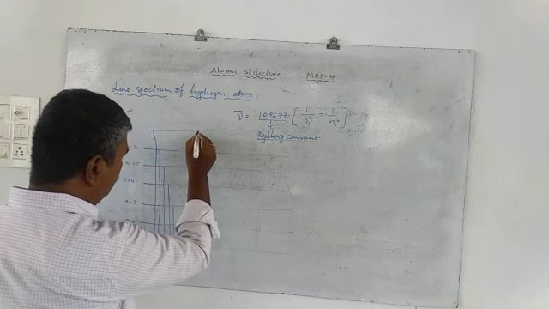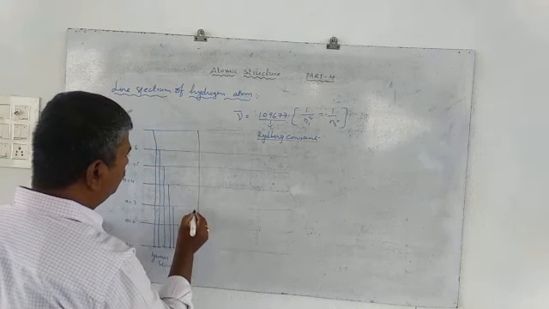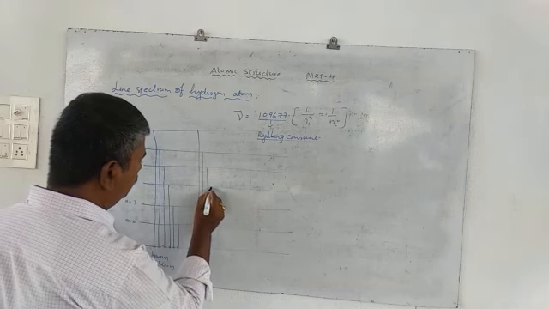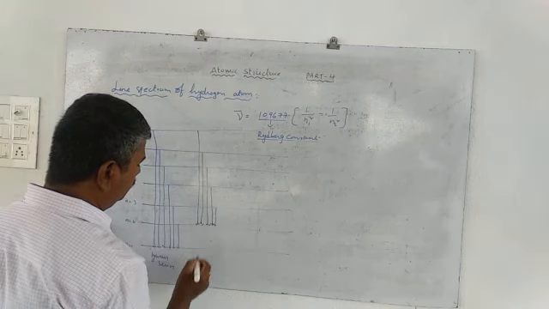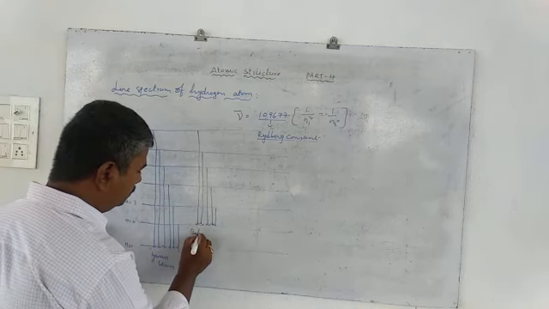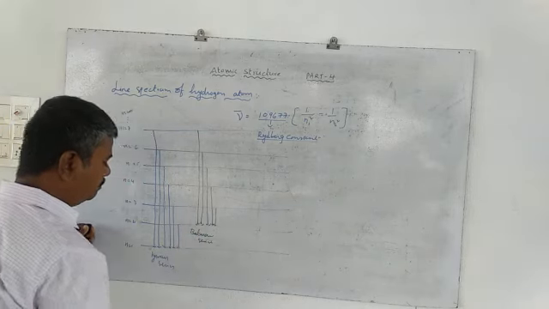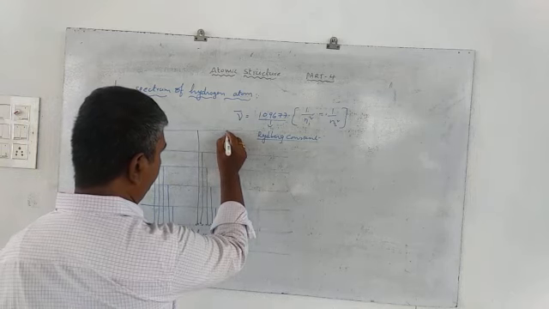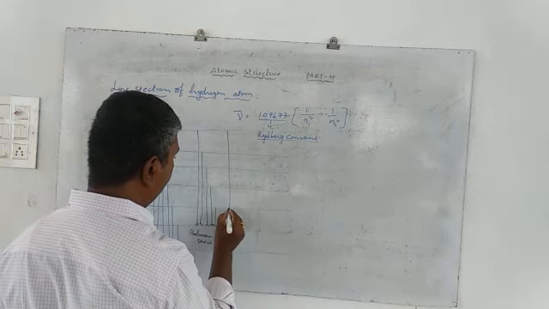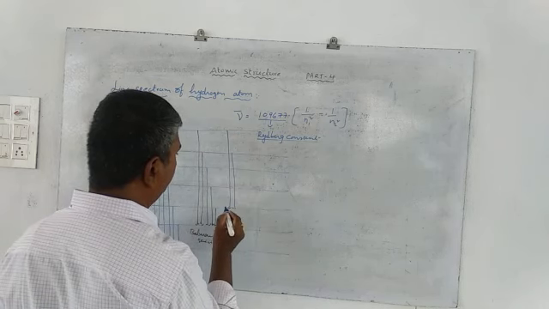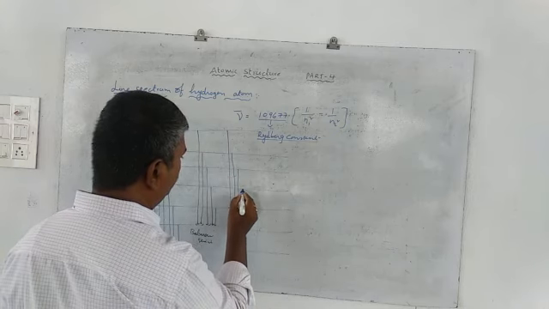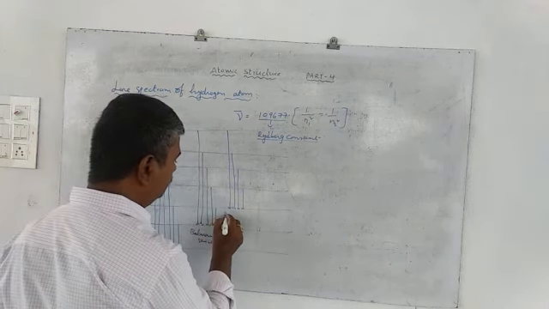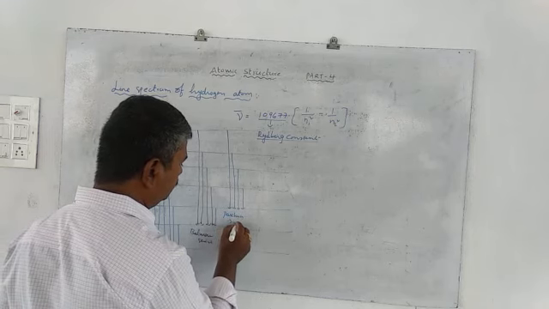Now if the lower level is n2, this one is called the Balmer series. Then the Paschen series.